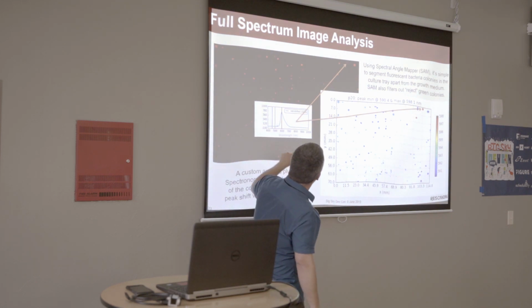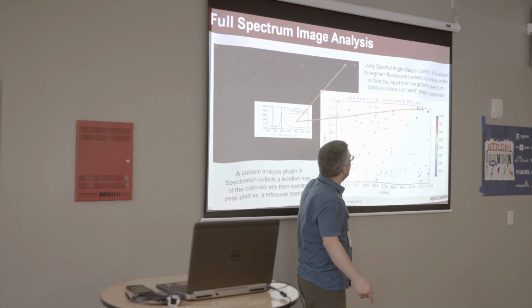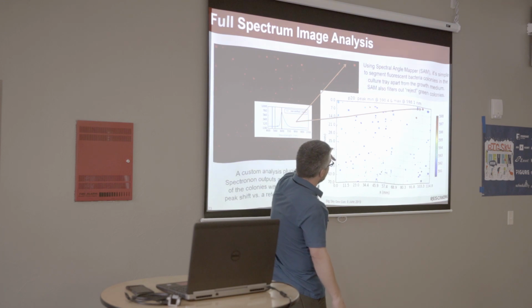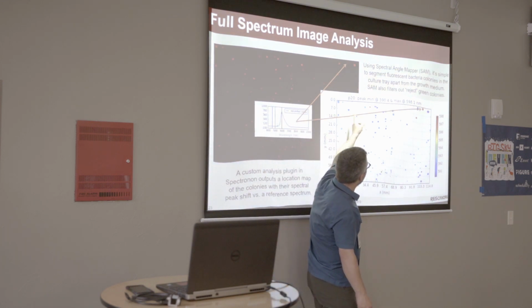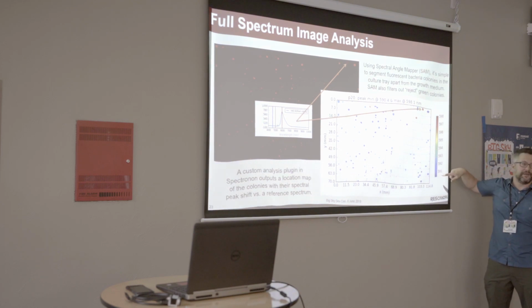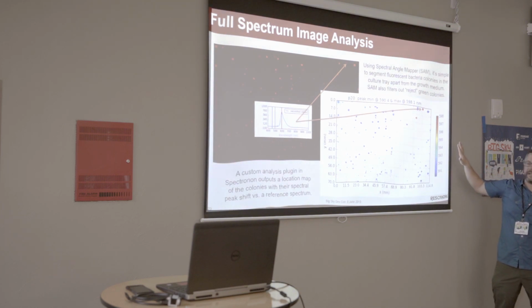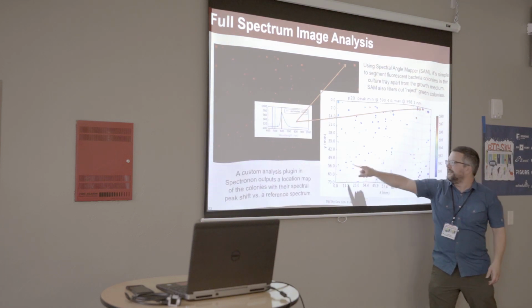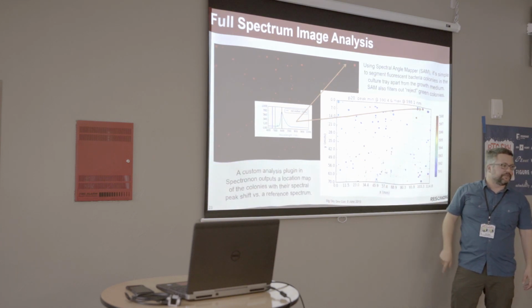You filter all those out, and then there are different ways you can analyze the shape of this distribution, or just where the peak is. This is just looking at where the peak is, and then I false color how much the peak is shifted from 598 to 591. It seems like a small shift, but that's a really nice shift. This one here is the most red shifted, and these are various degrees of more blue shifting.